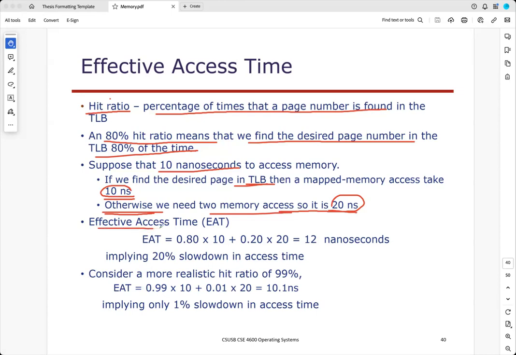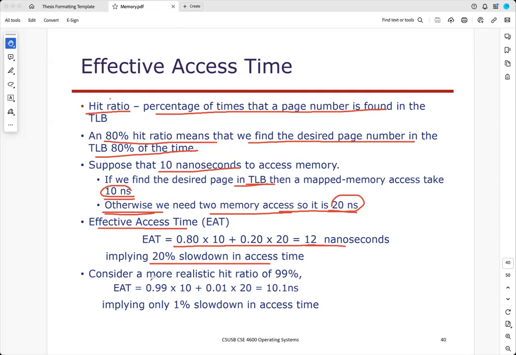The effective access time can be calculated like this: 80% of the time we need one memory access, and 20% of the time we need two memory accesses, 20 nanoseconds. So the effective access time is 12 nanoseconds. This means a 20% slowdown in the access time.